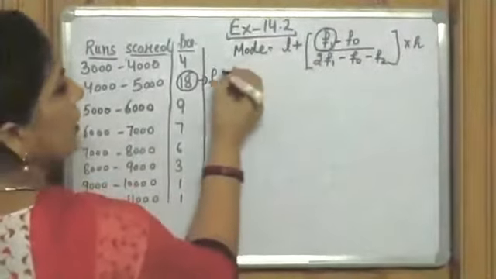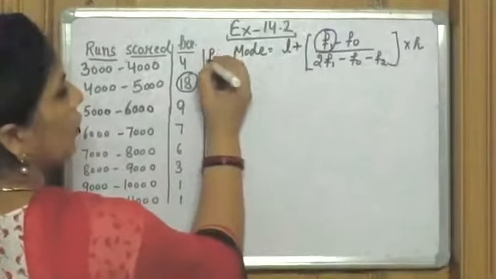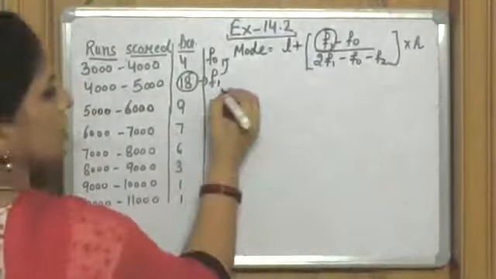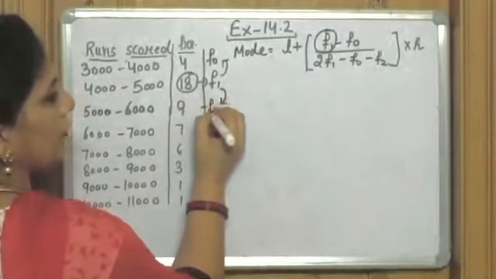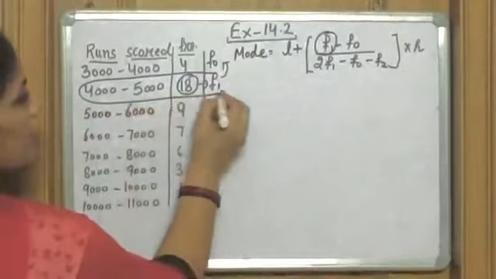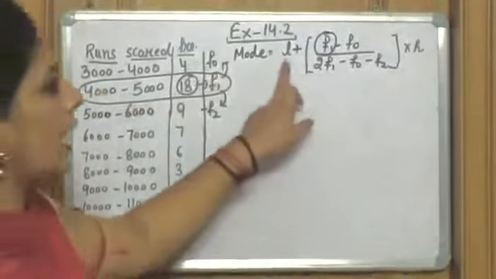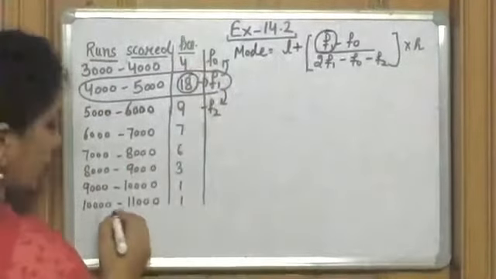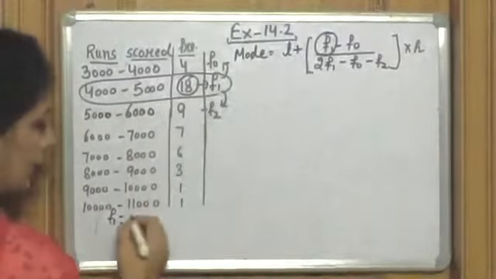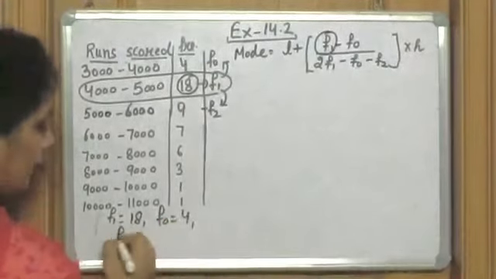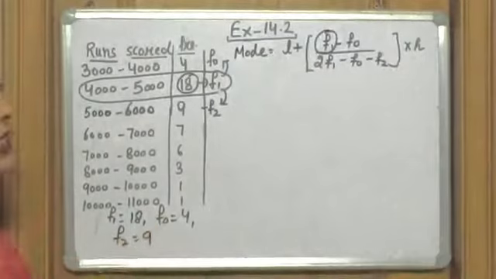F0 will be the term on the upper side of F1, and F2 is the term on the lower side of F1. We will find the value of L also from this F1. So first of all, write down the value of F1 is 18, F0 is 4, F2 is 9.